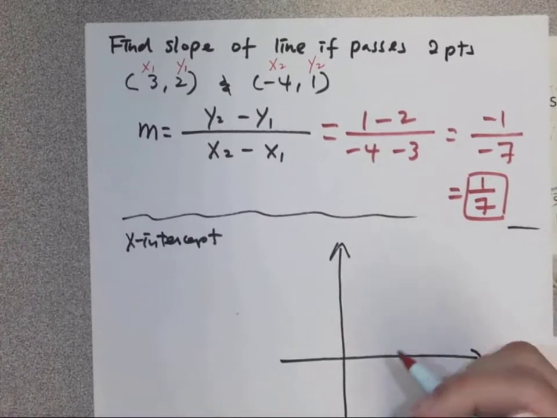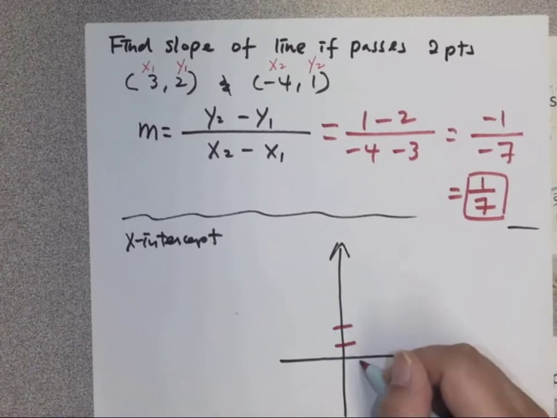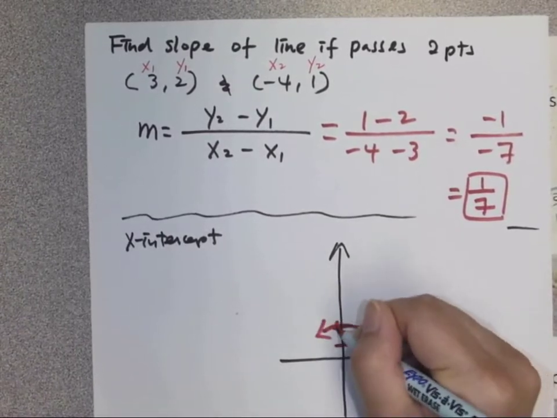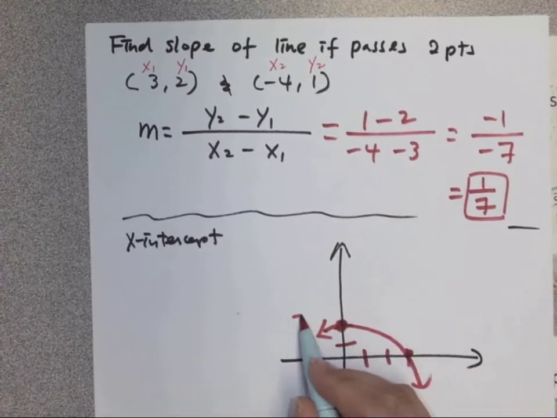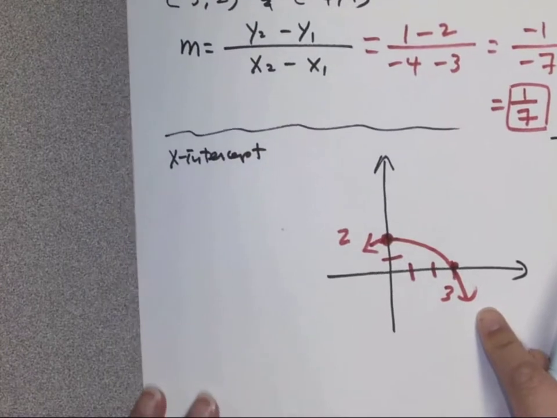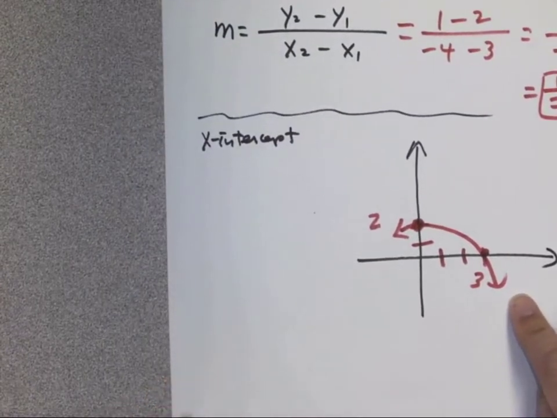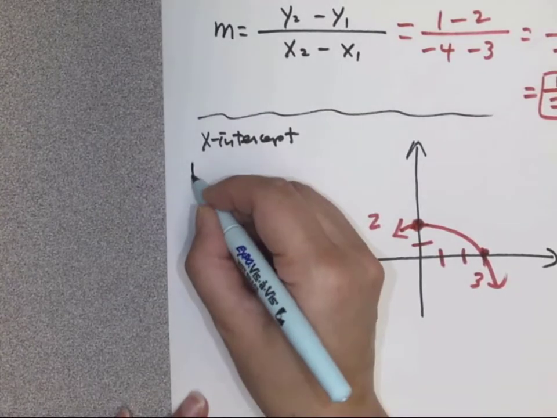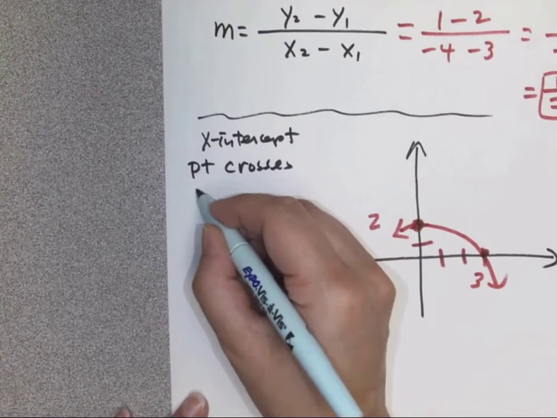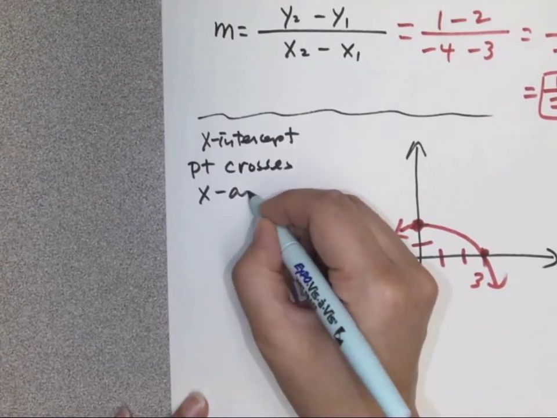So let me give you a random graph. This is 2, this is 3, right? And this is the graph. The x-intercept is the point where it crosses the x-axis.